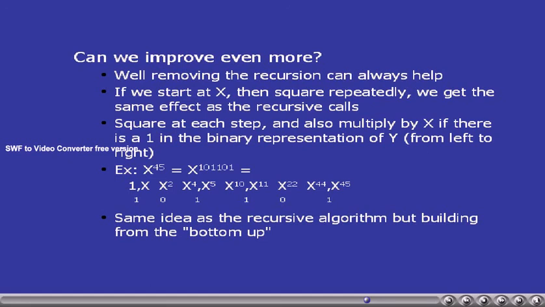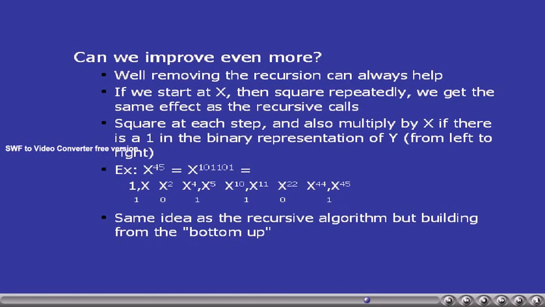We will consider the bit values from left to right. If it is 0, just simply square it. If it is 1, square and then multiply with x. This we proceed by considering the bit values of the y.